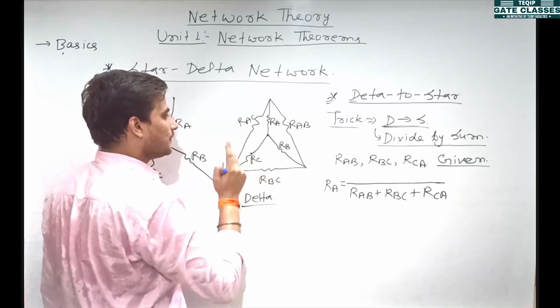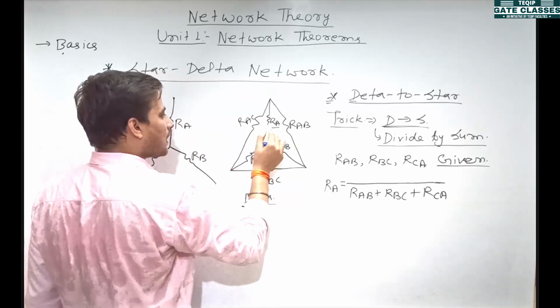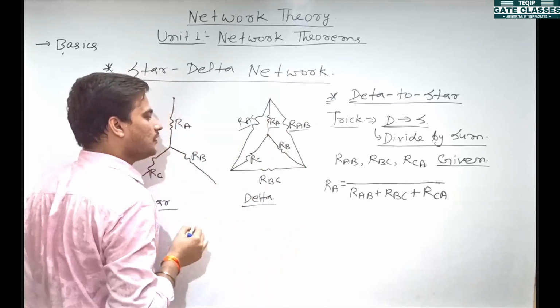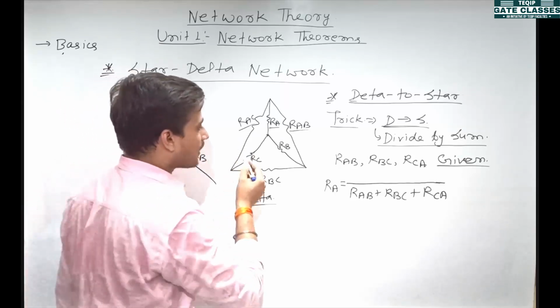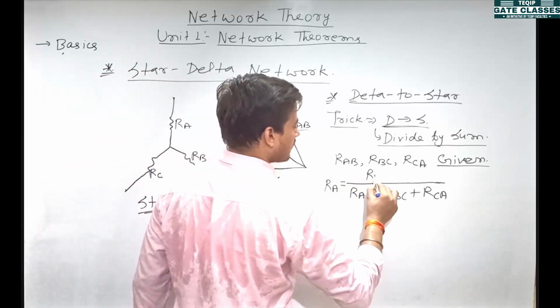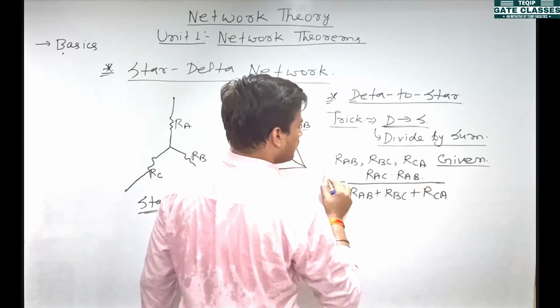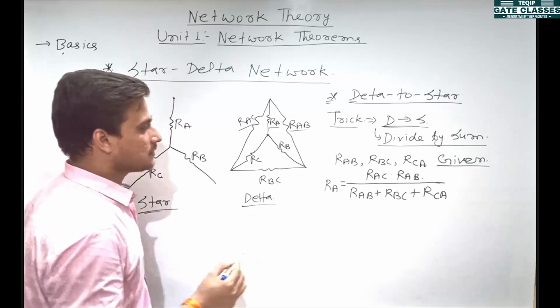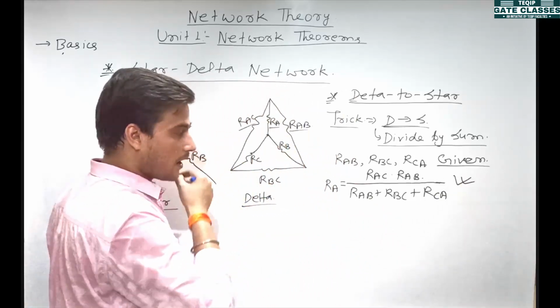RA is connected to RAC and RAB, but not associated with RBC. So at the numerator you will write RAC into RAB. This is the expression for RA.